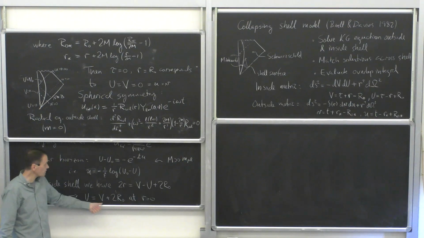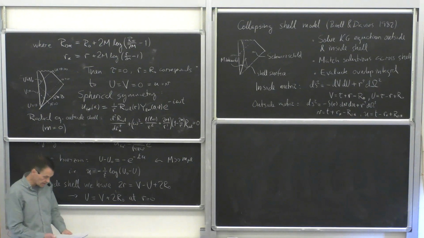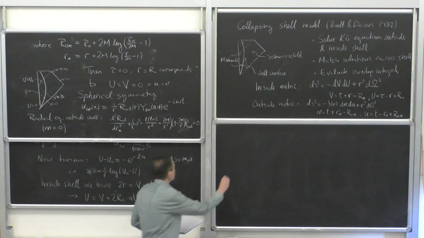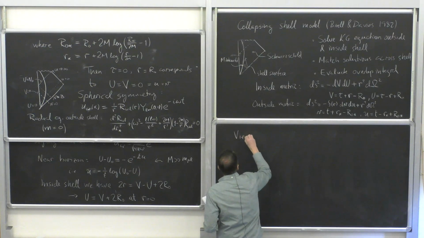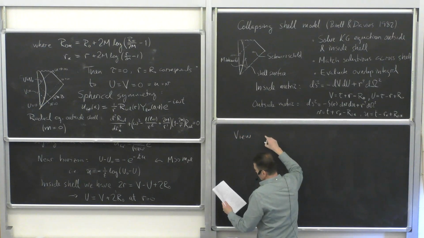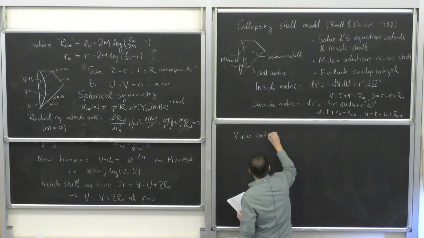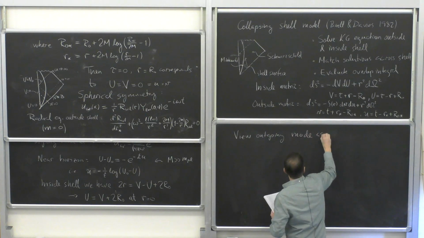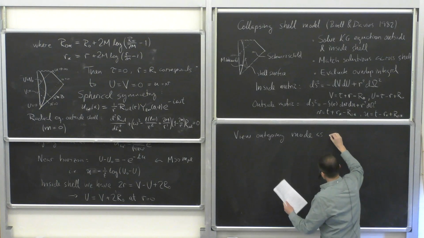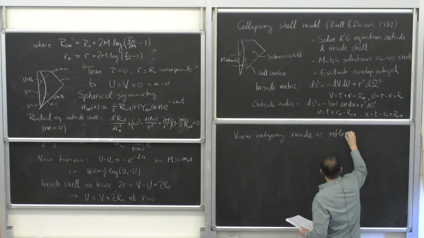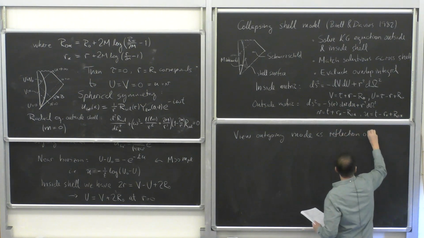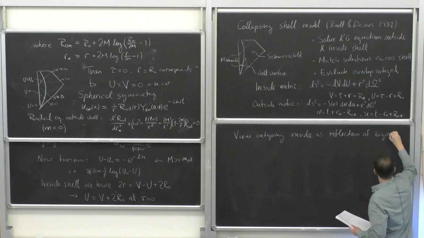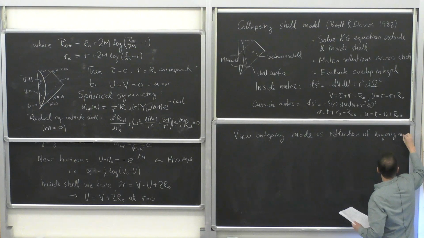So that means I now have a function of capital V. And the final step: so I'm going to view the outgoing mode as a reflection of an ingoing mode.